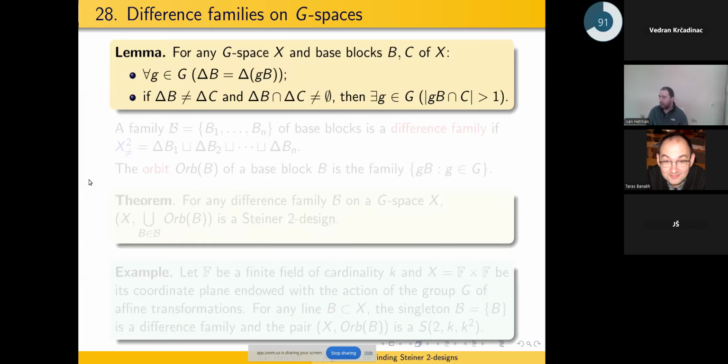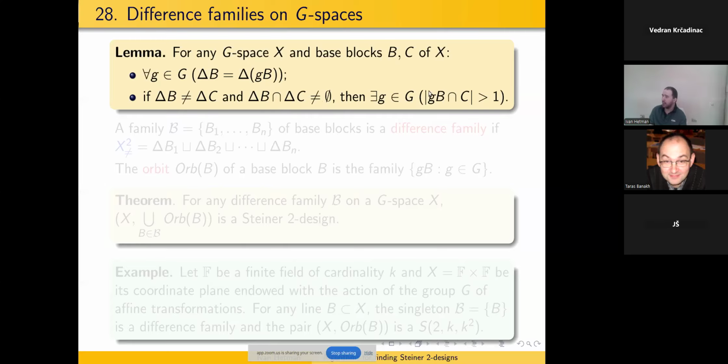Okay, now the similar lemma that was also for difference families. So for any G-space X and base block B of X, two properties are satisfied. The first property is that the difference of block B is equal to the difference of left shifts of the block B. And second, if differences are different and their intersection is not empty, then you break the first axiom of Euclid.